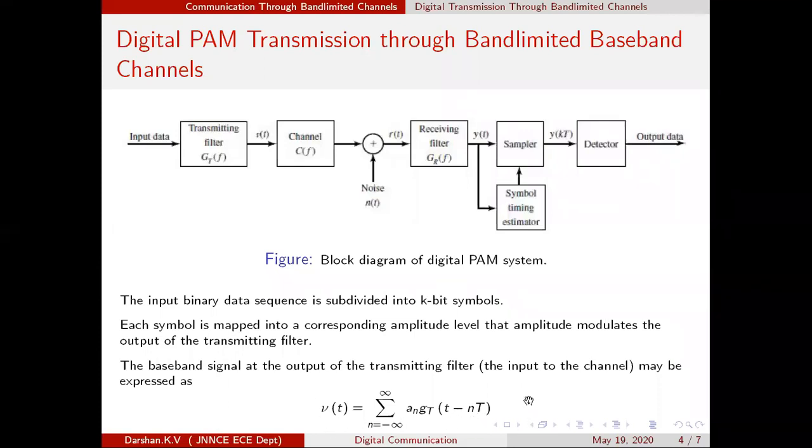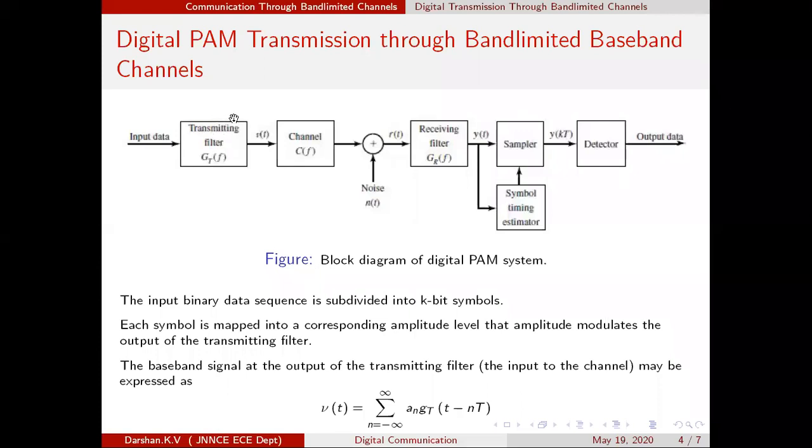So what is this v of t? It is the transmitter output or transmitting filter output. What exactly does the transmitting filter output contain? It contains a train of pulses, or a series of pulses. The pulse is represented by g_T of t. Each and every pulse has an amplitude corresponding to the input symbol, therefore a_n times g_T of t.